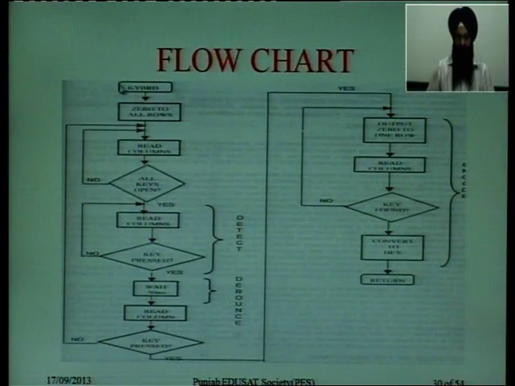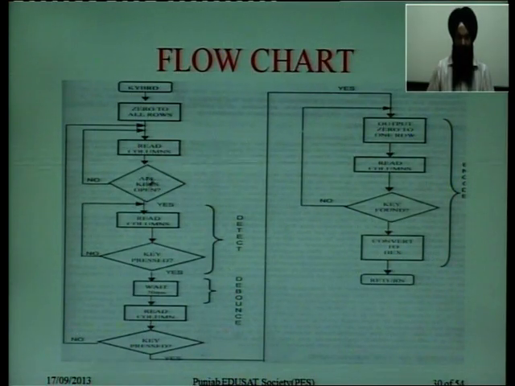Here, first of all, we have the keyboard, and we have kept all rows at low value, low signal, 0 to all rows. Then we read all columns, and then there is a question: are all keys open?